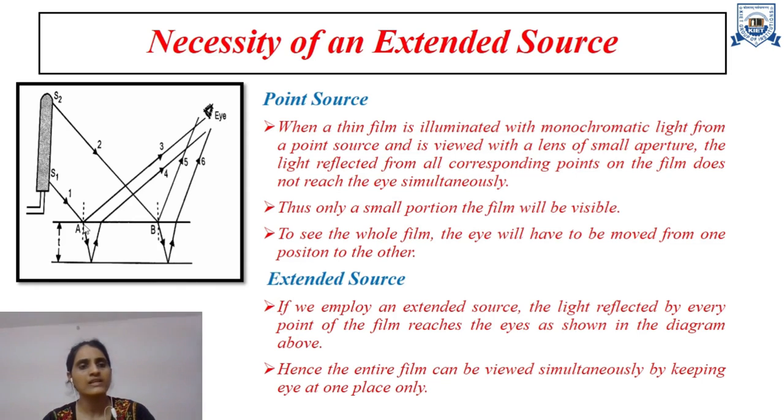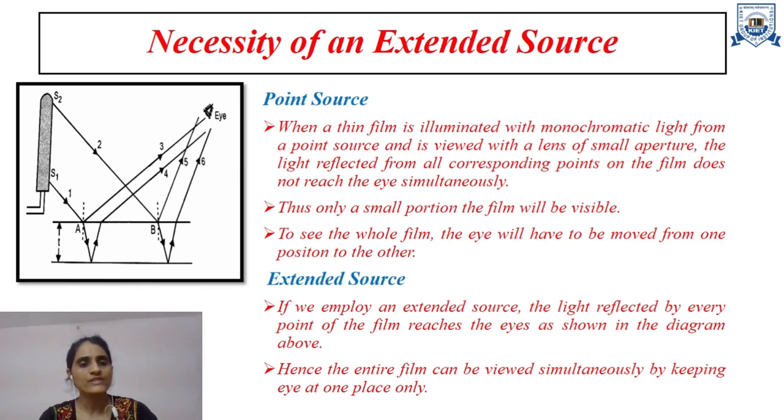For example, in this diagram, I have shown only 2 points, point A and point B. When it is illuminated with this monochromatic light and light is partially reflected and partially refracted from points A and B, these rays do not reach the eye simultaneously.